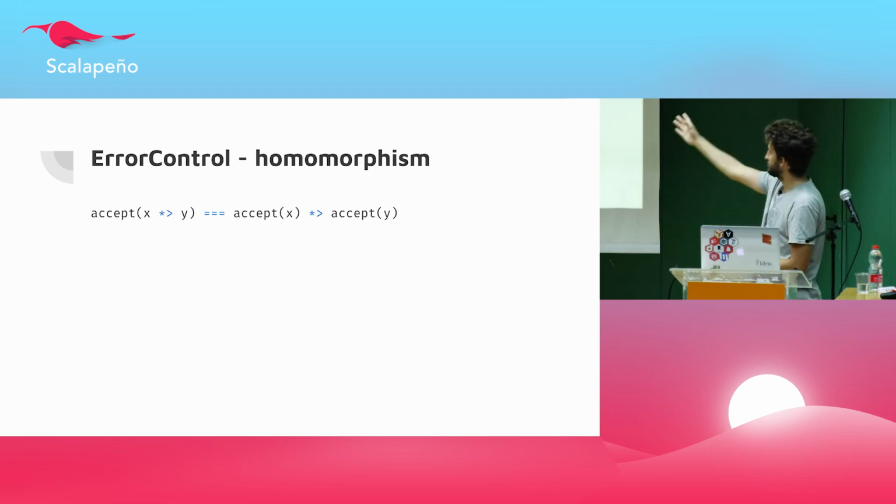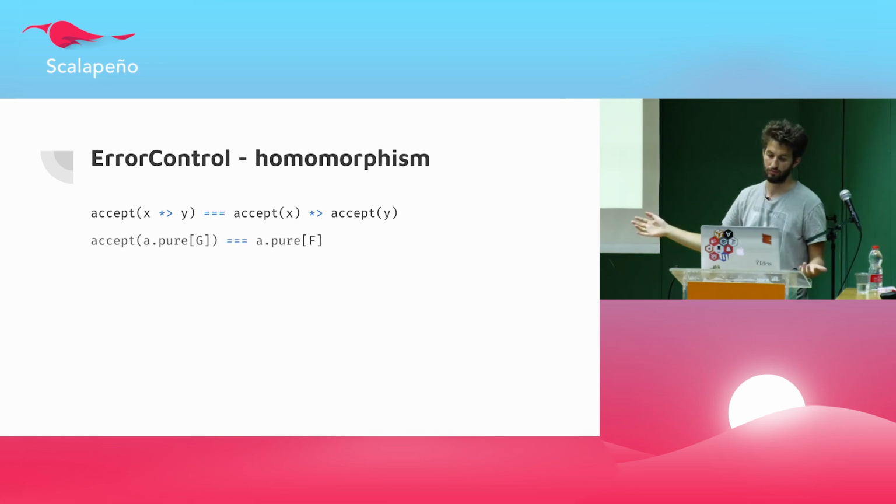This is the right chart that we saw in Itamar's talk just now, and it is basically applicative map to, but ignoring the first result type, right? Basically, if we accept x and then y, it should be the same as accepting first x and then using the right chart on the accept y.